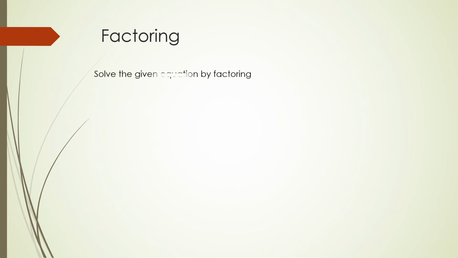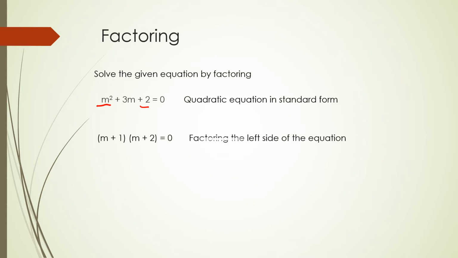Okay, for the second example, you have m squared plus 3m plus 2 is equal to 0. Again, the given, nakasulat na siya in standard form. Okay? Again, magbe-base kayo ng pagpa-factor nyo kay first and last term. Now, factor of m squared, that is m times m. So, ito yon. And then, the factors of 2 is 1 and then 2.